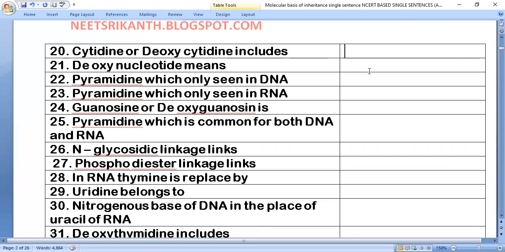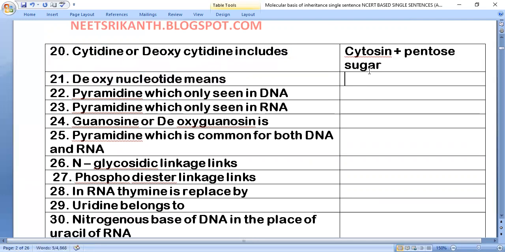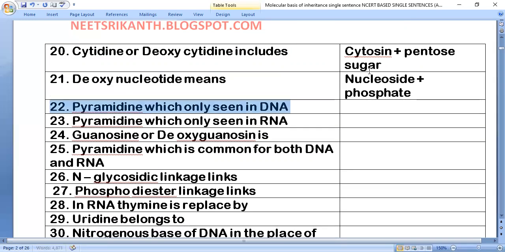Cytidine or deoxycytidine include cytosine plus pentose sugar. Deoxynucleotide means nucleoside plus phosphate. Pyrimidine which is seen only in DNA is thymine.